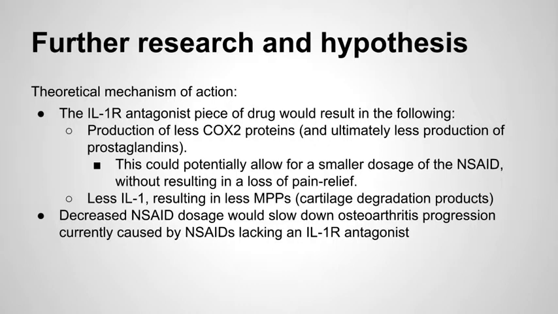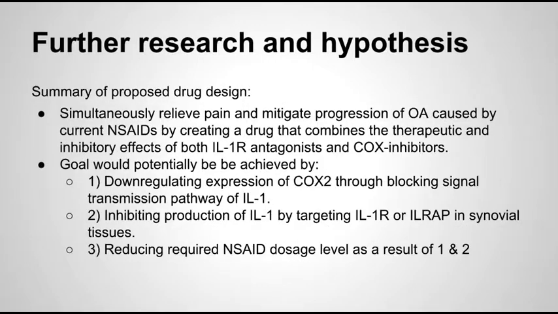And in terms of production of less COX-2 proteins, this could potentially allow for a smaller dosage of the NSAID without resulting in a loss of pain relief, at least in theory. And this decreased NSAID dosage would slow down osteoarthritis progression that's currently caused by NSAIDs. Remember, that's a major issue with NSAIDs in terms of treating osteoarthritis. It only treats the pain, but it actually makes the condition worse.